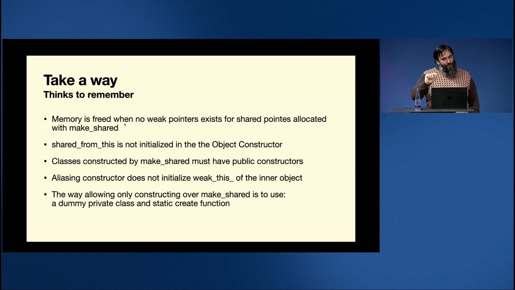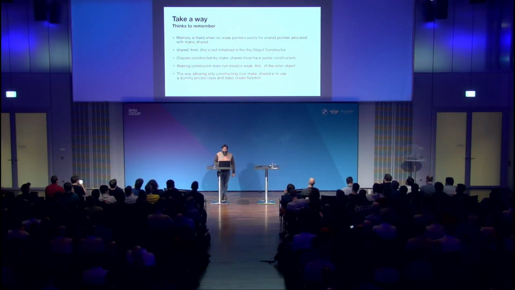The aliasing constructor does not initialize the weak_from_this for the inner object. And the way you can still use some of these things is via the pattern which I just showed you, with the create function and the private dummy object. And that was it. I hope it was useful and you learned something today. Thank you very much.